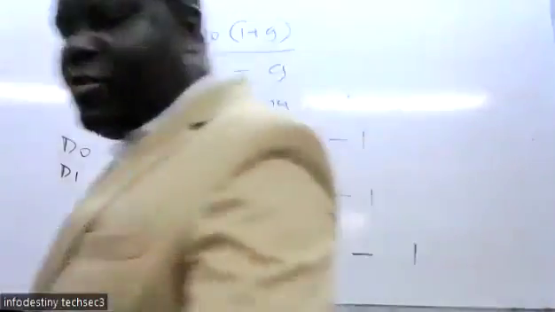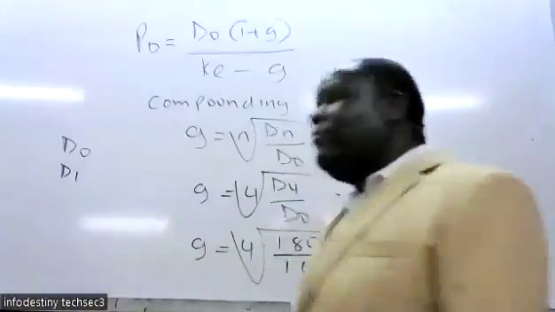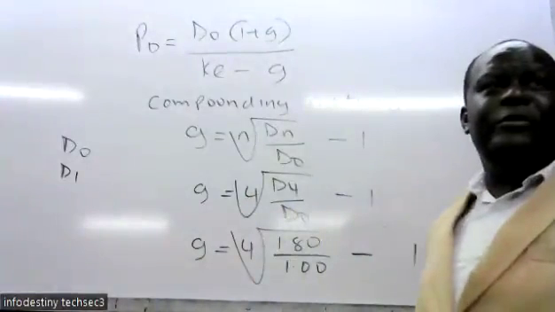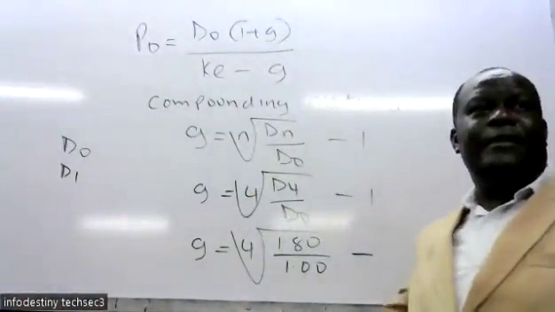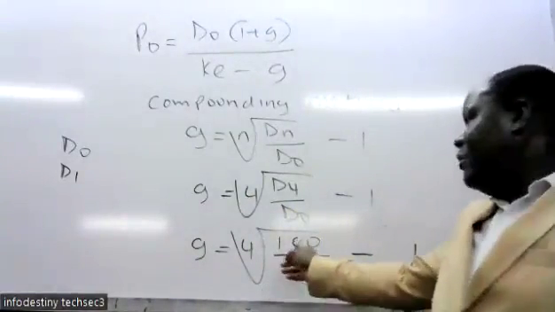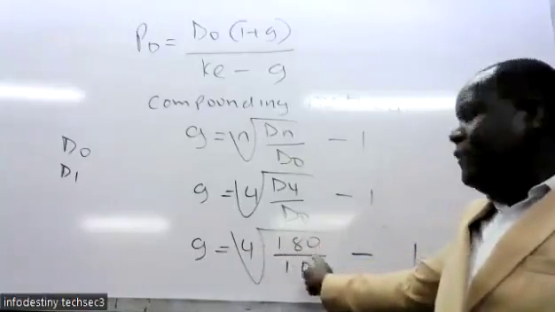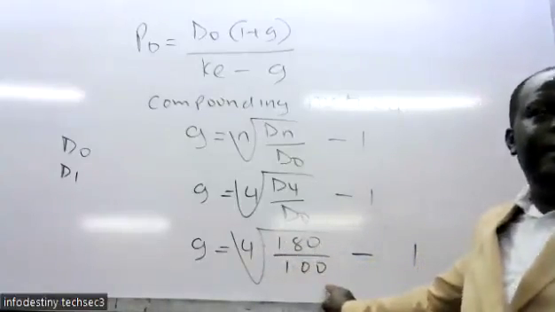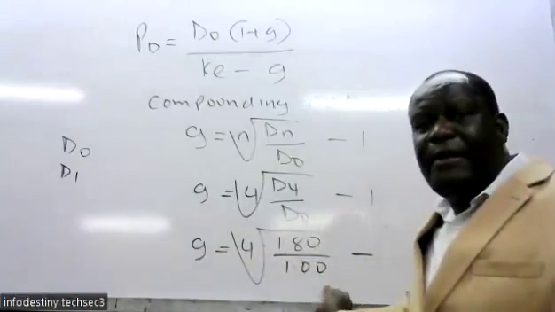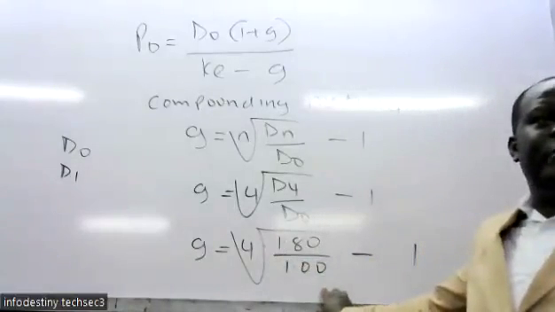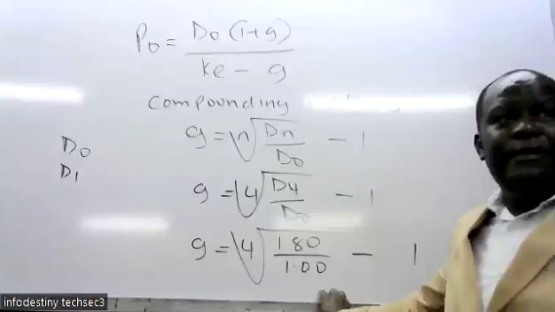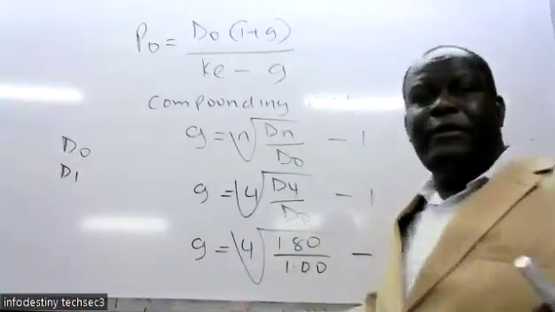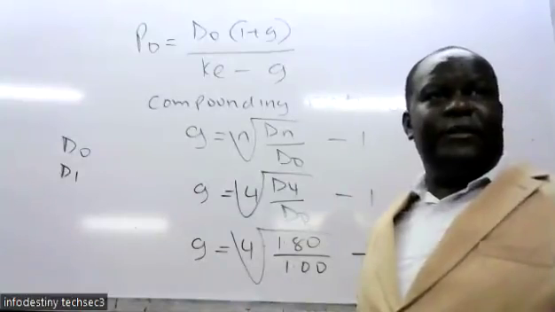So those who are not getting the correct figure, on the calculator, what do you do? You start with 1.8 divided by 1, isn't it? Get the answer. After getting the answer, you press 4, then shift, isn't it?